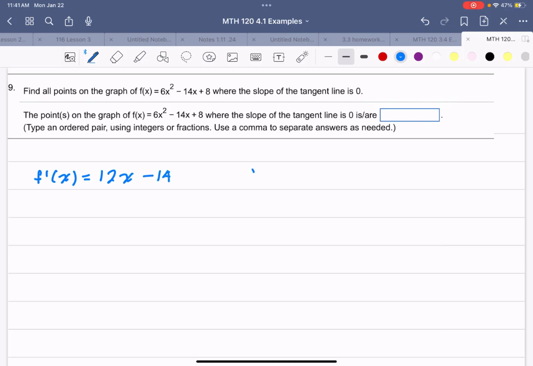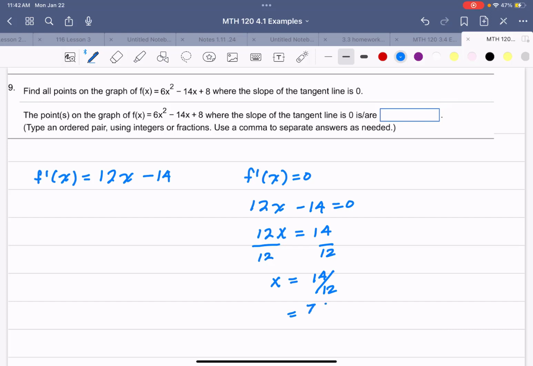And where f prime of x is equal to 0 is where 12x minus 14 is equal to 0. So that's where 12x is equal to 14. Divide both sides by 12. And x is equal to 14/12, which reduces to 7/6.